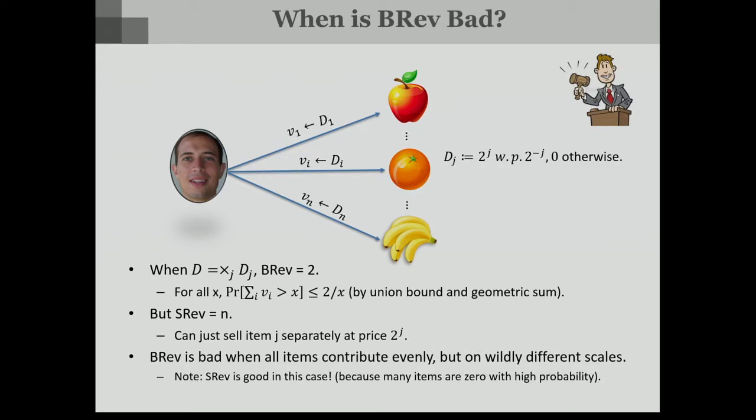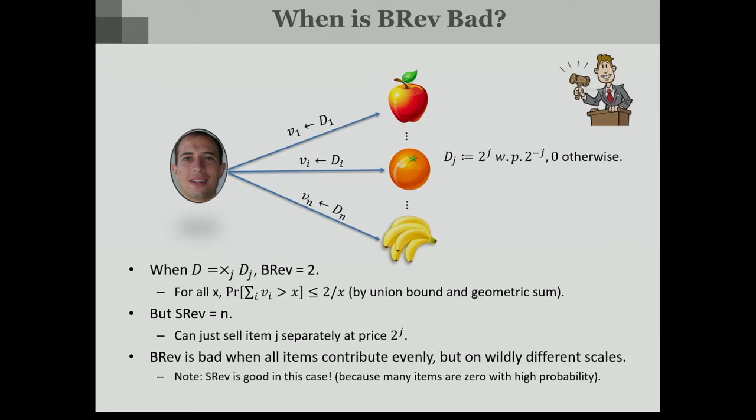Now, when is Brev bad? Here's an example, also from Hart and Nisan, where the values for the items are wildly asymmetric distributions. Here, for the jth item, the buyer's value is going to be 2 to the j with probability 2 to the minus j, and 0 otherwise.